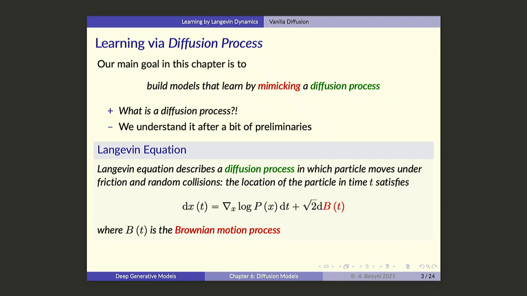Now, what does it say? It says that the difference in the location, when you are at time t and then you move with a differential time change, the new location is going to be one drift.